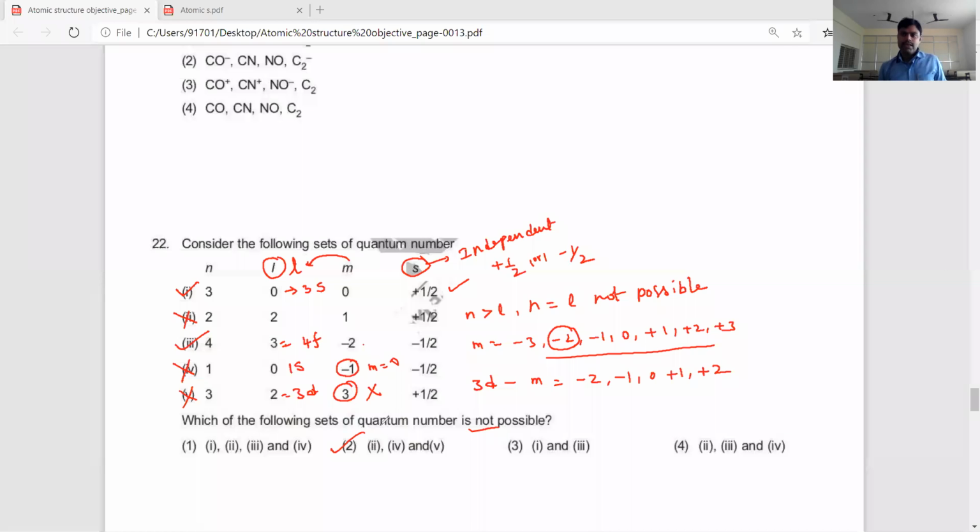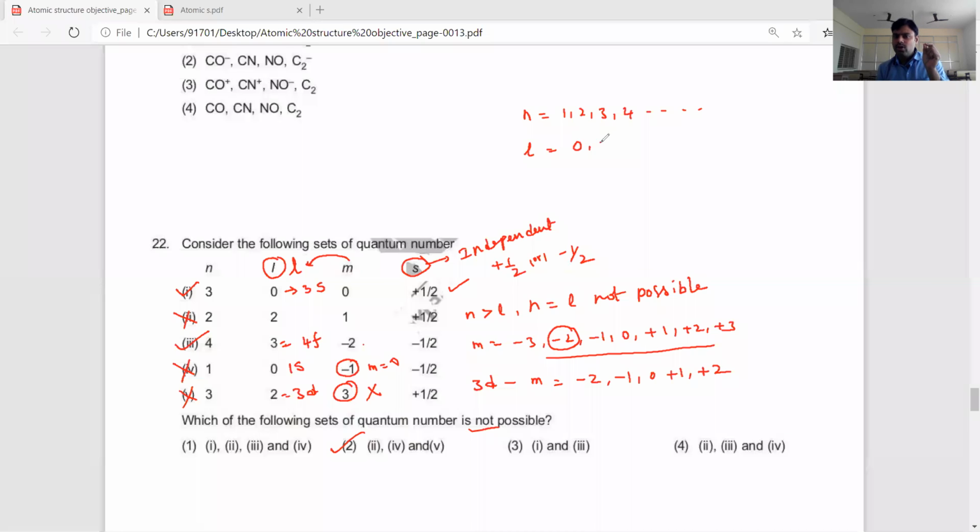Okay, clear students? See here, quantum numbers, n values 1, 2, 3, 4, 5 like that will be present, and L values depend on n values.